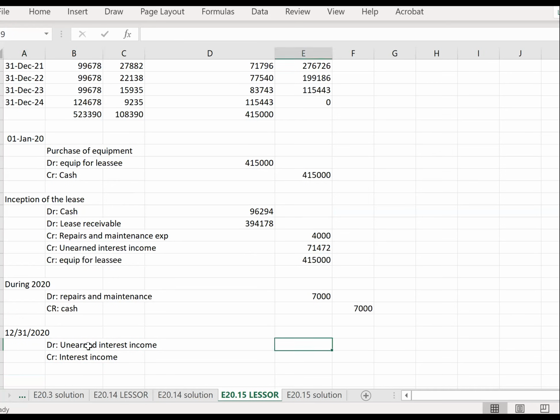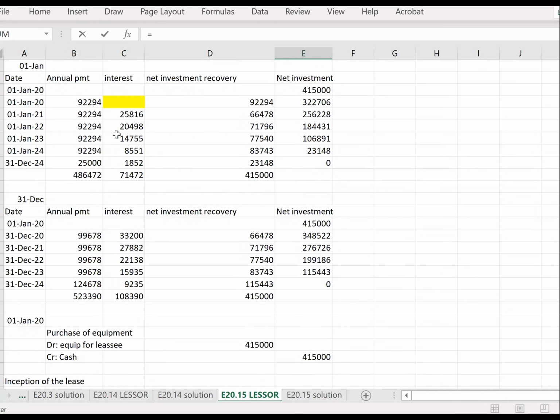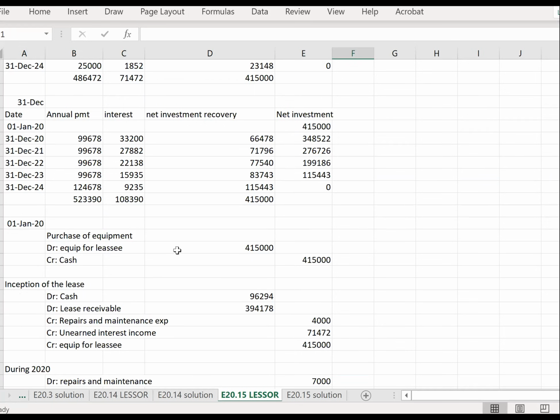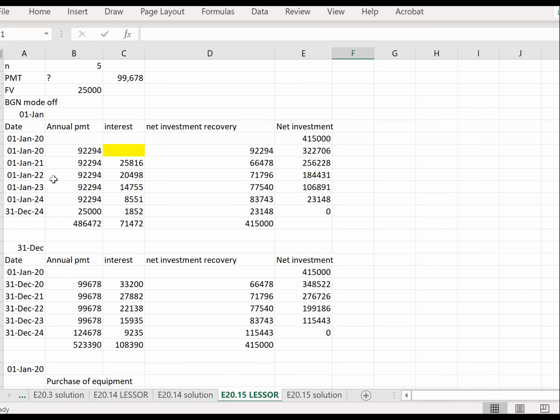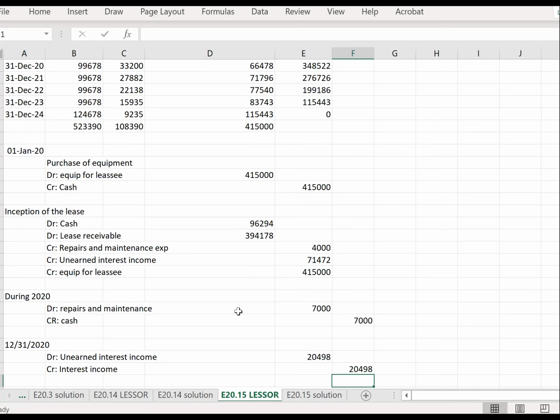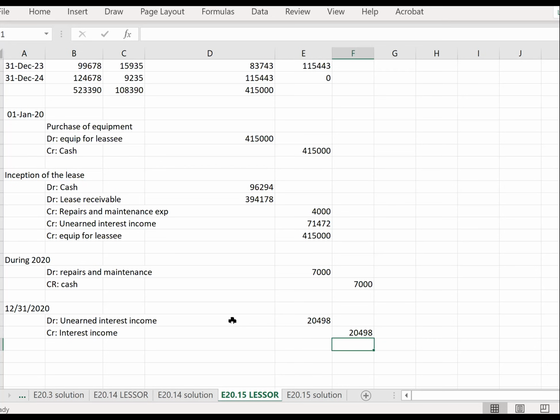And this amount is going to be right off of our amortization schedule. So let's look up here. So we're going to have $24.98 as our entry. The greatest thing about these amortization schedules is that you can pick up all the numbers right off of there. Okay, that's going to be our entry for December 31st, 2021.